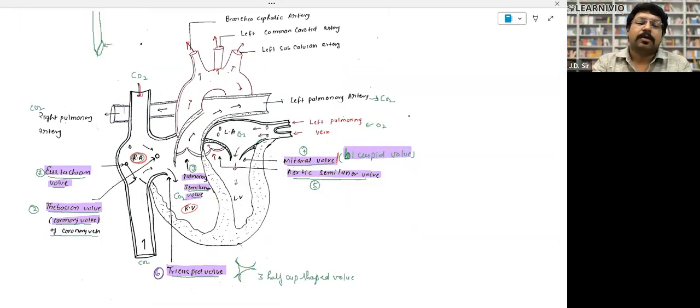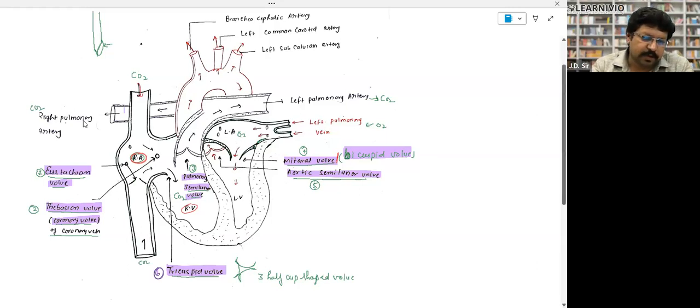It does not have any valve as it opens obliquely, so there is no point for backflow. They both drop blood into the right atrium, right?